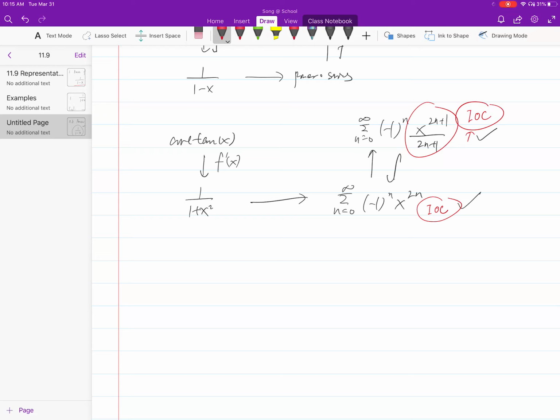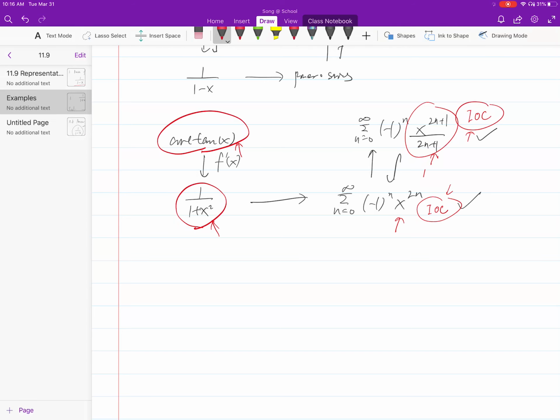Will this one be smaller than the original one or bigger than the original one? That is a very serious problem, because if these two are not the same, they can be very different. Let's say if you take the antiderivative, the whole thing shrinks. That means there are some numbers you can plug in here, but you cannot plug in here in order to actually calculate it using power series. Our instinct should be, if you can plug in some number here to approximate this, you can probably plug in the same number here to approximate this one. Otherwise, you have to be super, super, super careful.